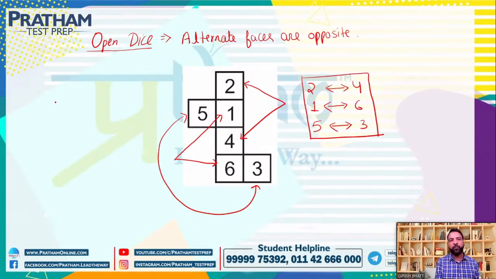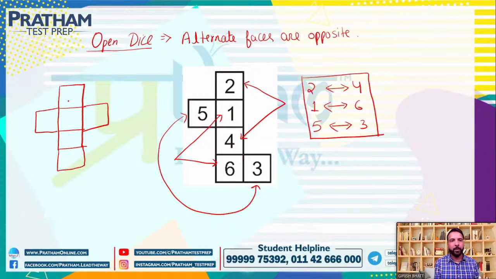Let's take one more example to understand the concept better. Let's say these are the 6 faces of a dice.